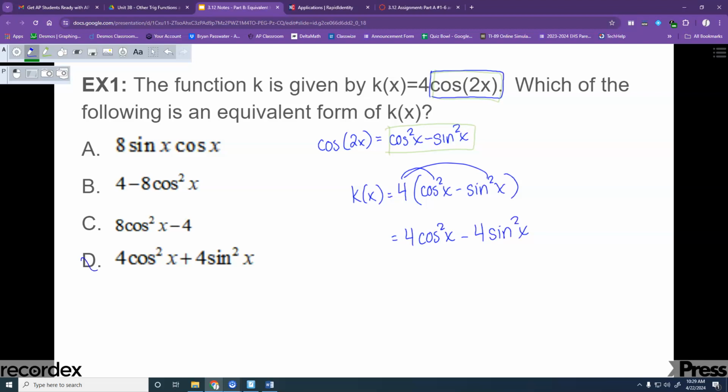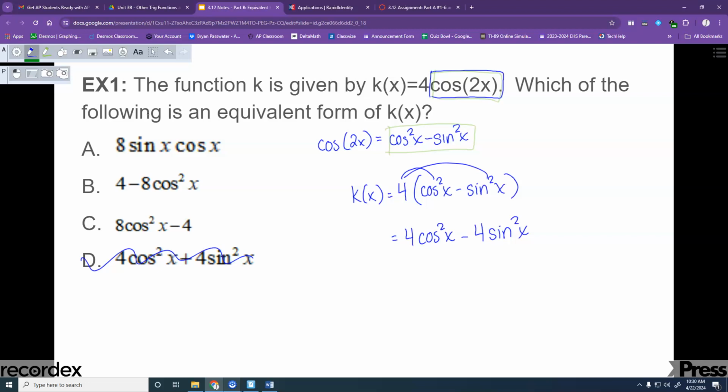In fact, I really should mark out D, because there's no way you're going to change that minus to a plus, right? There's no identity that's going to let that happen. And I'm pretty sure it's not A. Why would it not be A? They're like flipped.